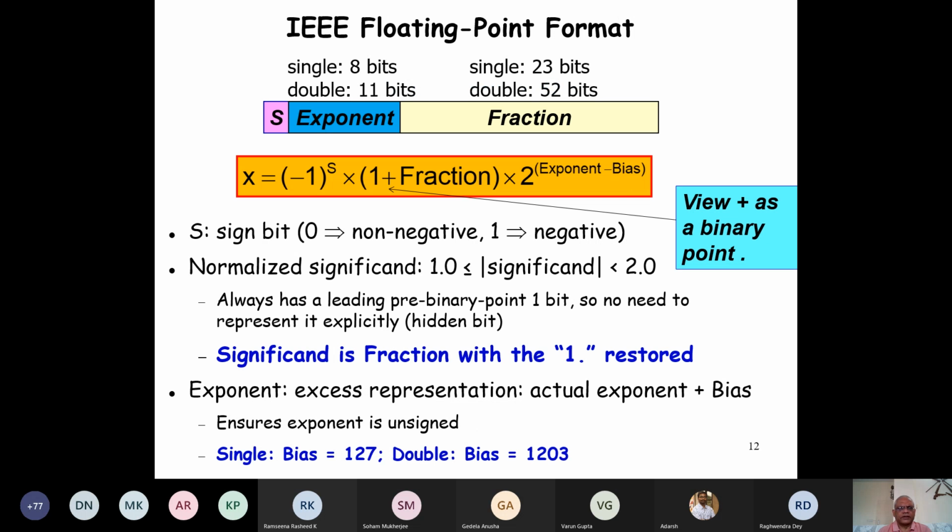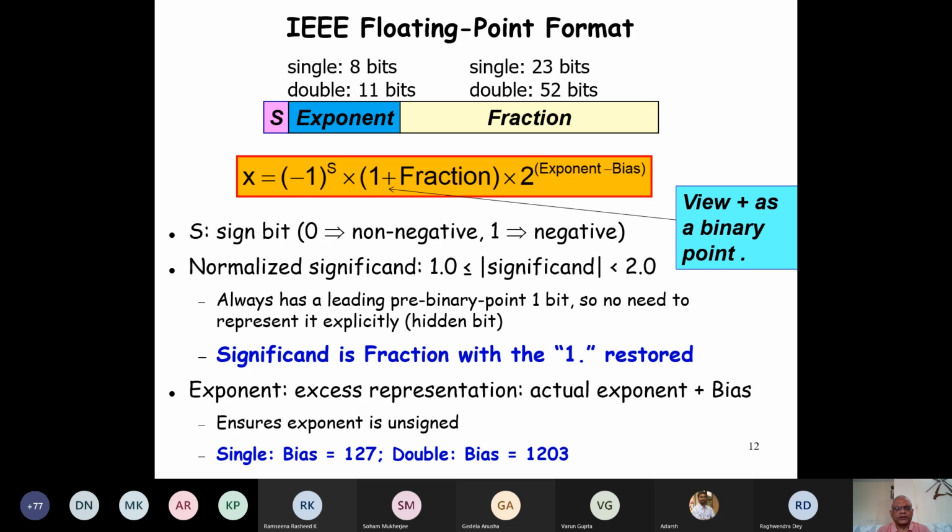Okay. Now let's look at the IEEE floating point format. Here we have one sign bit. Depending on whether it is 0 or 1, just like in an integer, we have a positive or negative floating point number, and we have a fractional part and an exponent.